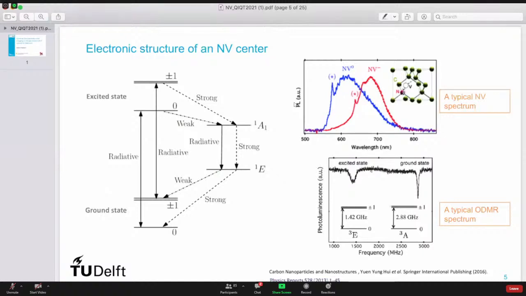With this much energy, the system is excited from the ground state to a virtual absorption state above the excited state, and from that state it comes down to the excited state non-radiatively. During this process, the spin is always conserved. So if it was excited from the ground state ms equal to 0 state, it ends up in the ms equal to 0 state of the excited state.